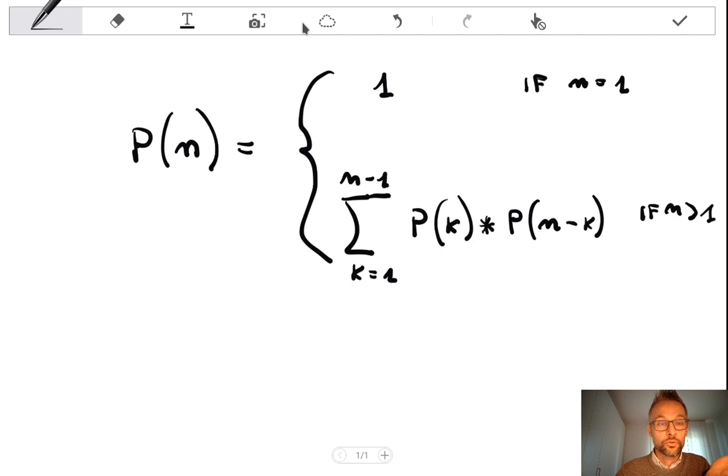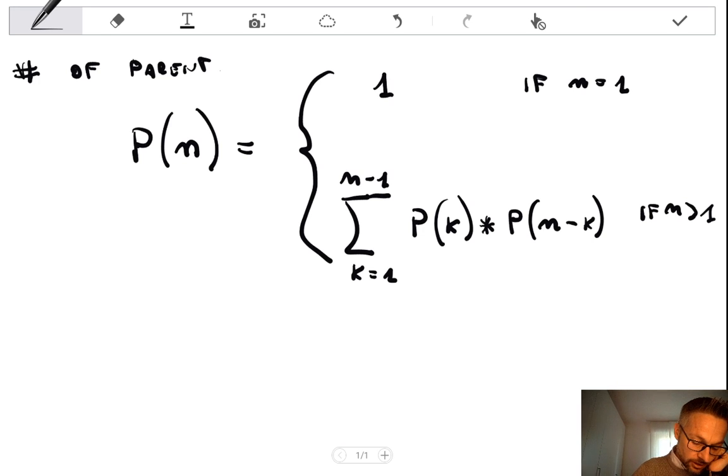To do it, we have to produce all the possible parenthesizations. So let's first of all try to count them. So this is P. P is the number of possible parenthesizations of A1 to An.